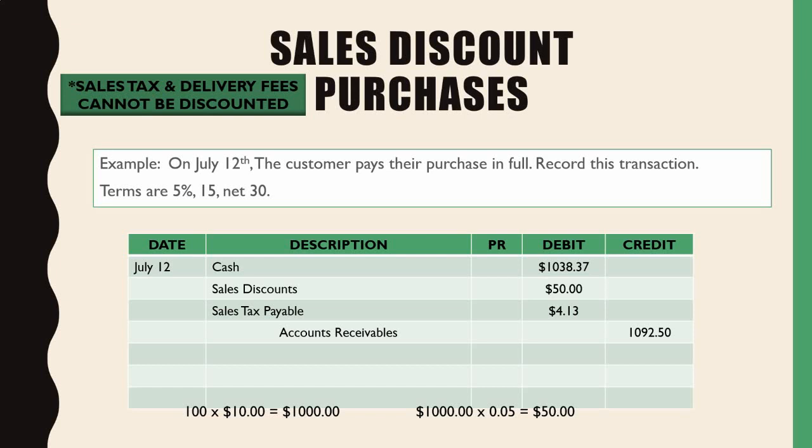So I'm going to take the $50 and calculate how much sales tax I'm giving back, and it's going to be $4.13. Therefore, the cash payment that I'm going to receive from this customer is going to be $1038.37.